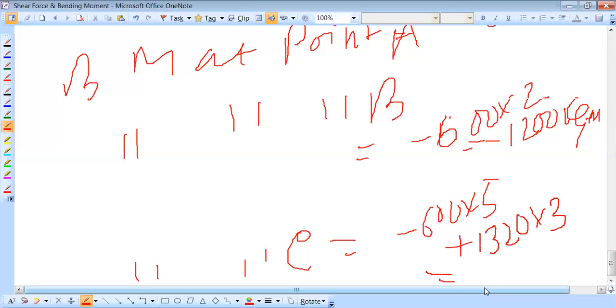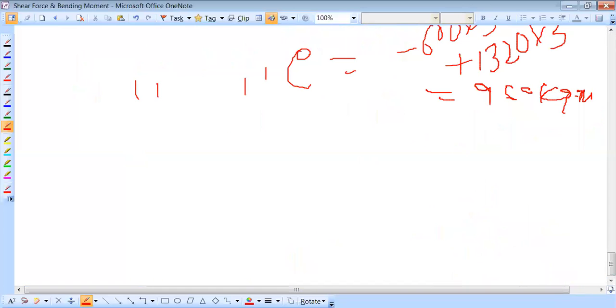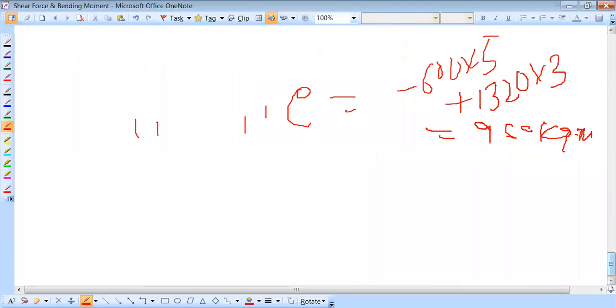That means 1320 into 3 minus 600 into 5, giving the BM at C in kg into meter.